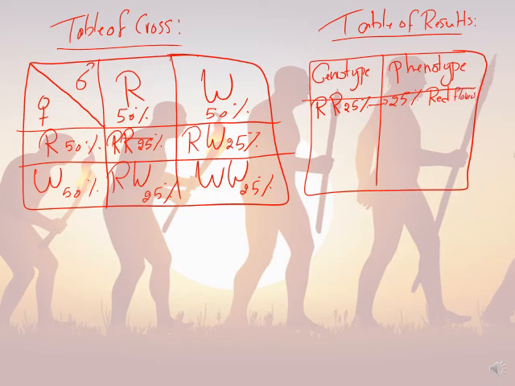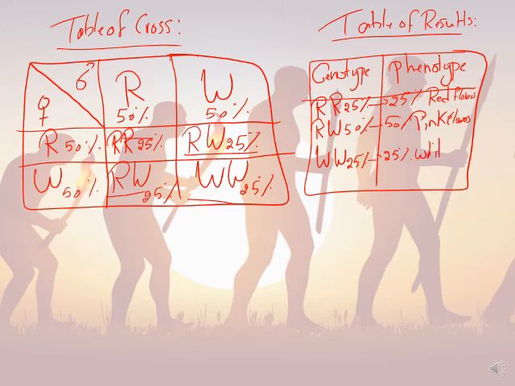Then we have RW, it's going to be 50%. How? Here we have 25 and here we have 25, so 25 plus 25 is 50. So 50% having pink color, so 50% pink flowers. And the last one, WW 25%, so 25% white flowers.